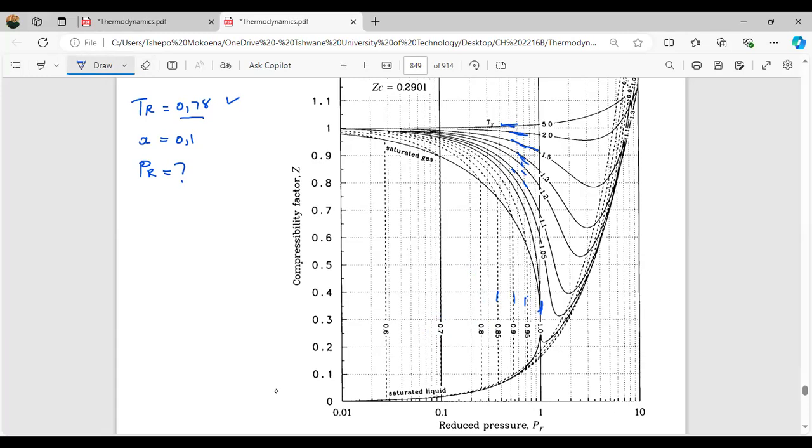And this side is going to be the reduced pressure. I'll try to find the midpoint between these two lines: 0.8 plus 0.7, divided by 2, I get 0.75.